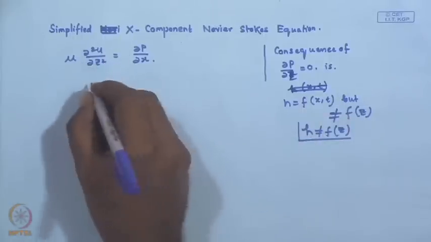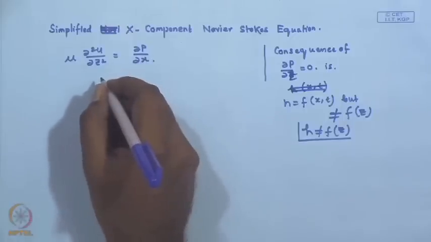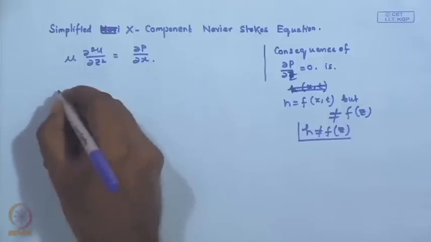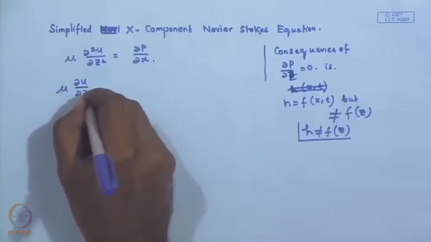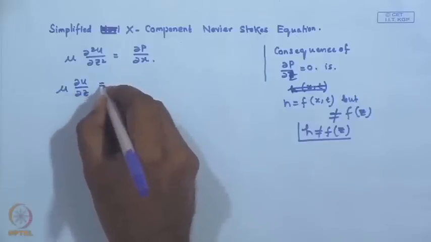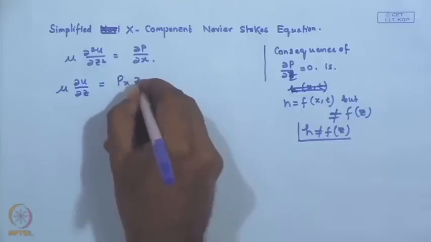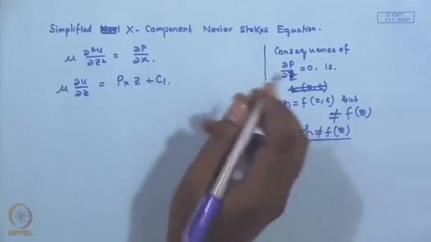Now, this is the simplified Navier-Stokes equation. So, you integrate it once with respect to z, you get mu del u del z is equal to p x z plus c 1.